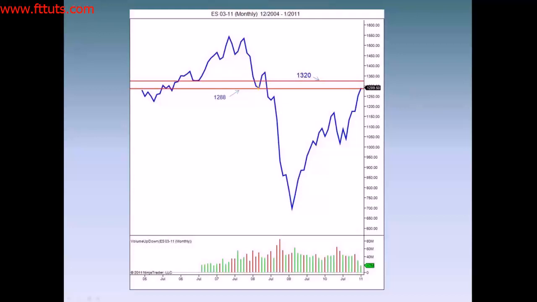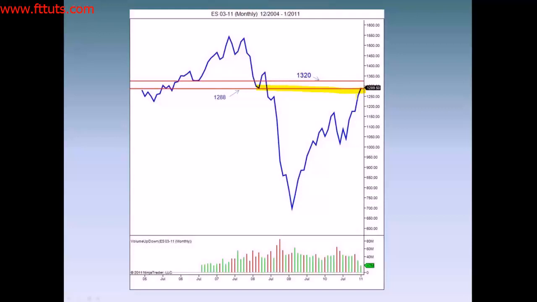And you notice that the first resistance level that we're looking at is 1288. Interestingly enough, if you have a chart open today, you are going to find that we are right at 1288. So after we finish our lesson today, I encourage you to open up your profile chart and take a look at what is going to happen at this level and watch the behavior of prices.